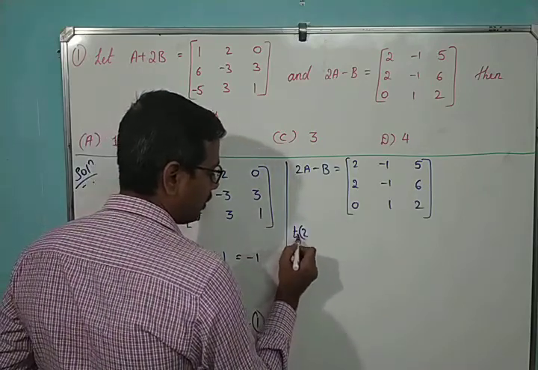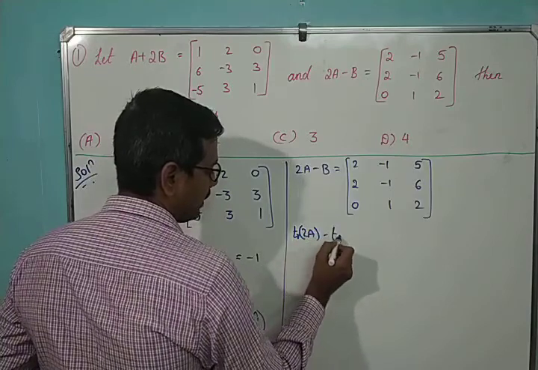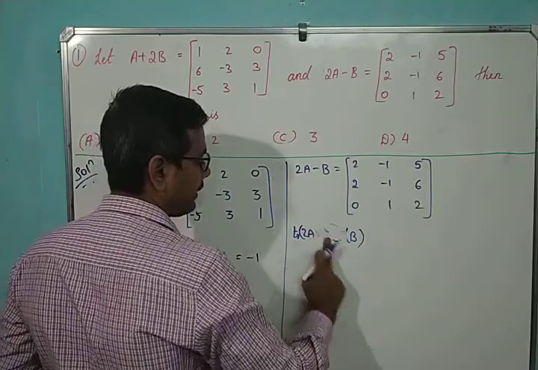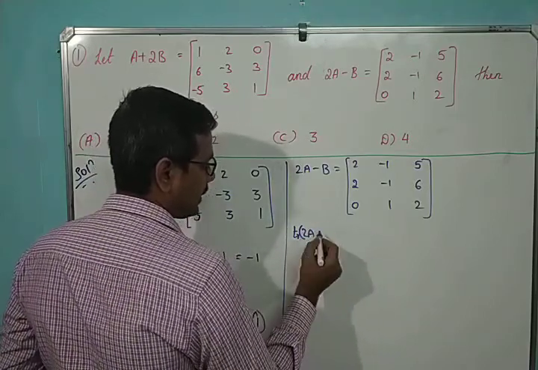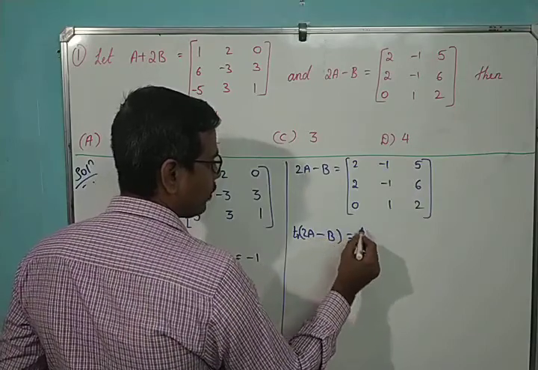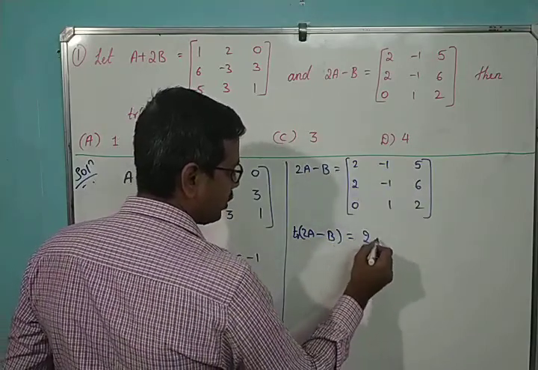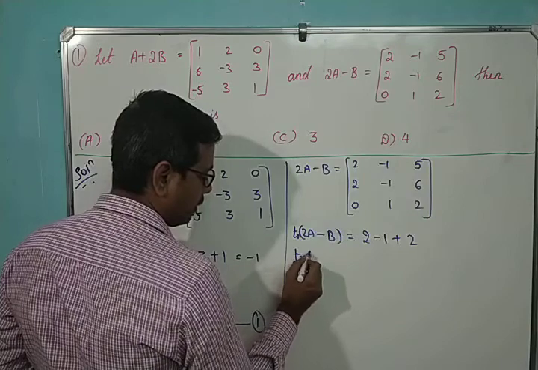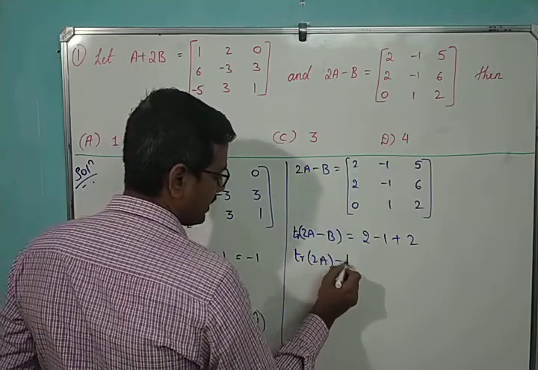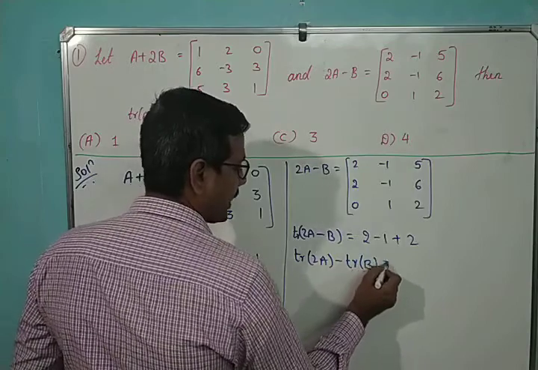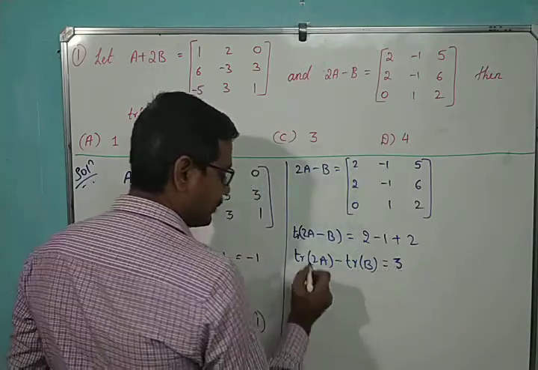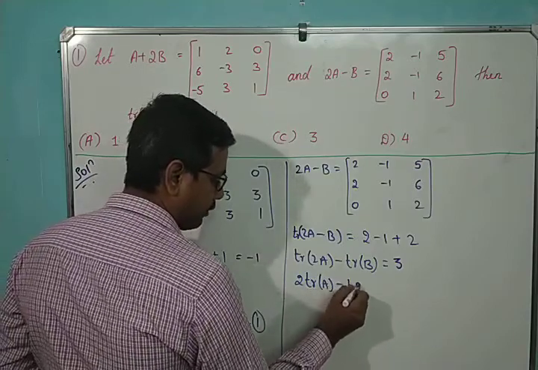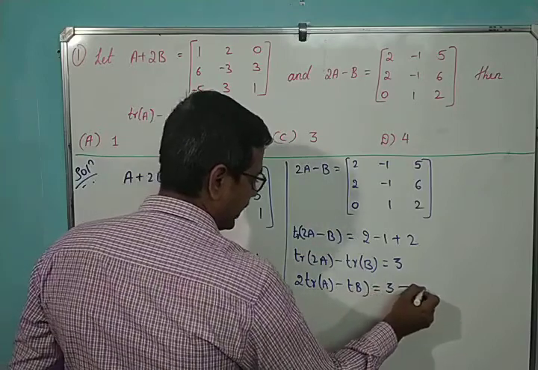Trace of 2A minus B is equal to the sum of principal diagonal elements: 2 minus 1 plus 2. So trace of 2A minus trace of B can be written as 4 minus 1, that is 3. So this is 2 times trace of A minus trace of B is equal to 3. Mark it as equation 2.